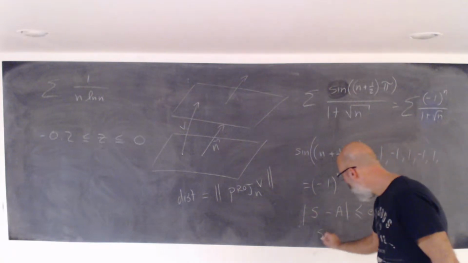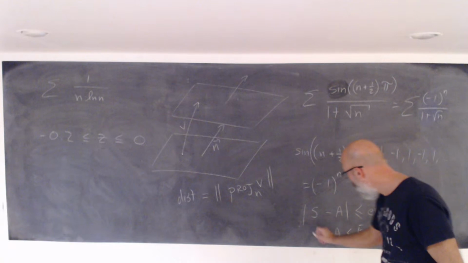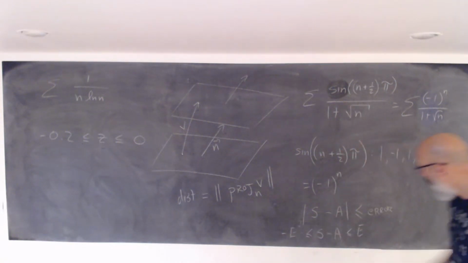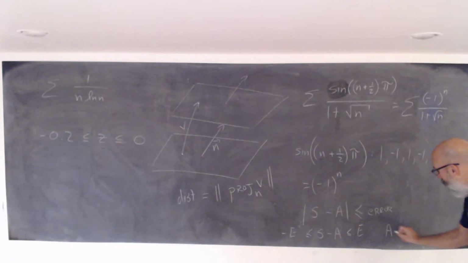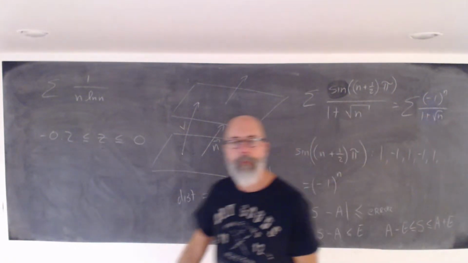And so this is the same as saying the sum minus the approximation is less than the error, but bigger than negative of the error. So now add the approximation to both sides. Your approximation minus the error, less than the sum, less than the approximation plus the error. There it is.